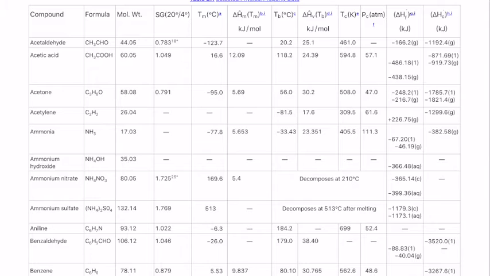And once again, for some species like acetic acid, you could see that the enthalpy of combustion is listed for different phases. So for liquid acetic acid, the enthalpy of combustion is negative 871.69, while for the gas, it's negative 919.73. Okay? And so we could look up the enthalpy of combustion values for various species.